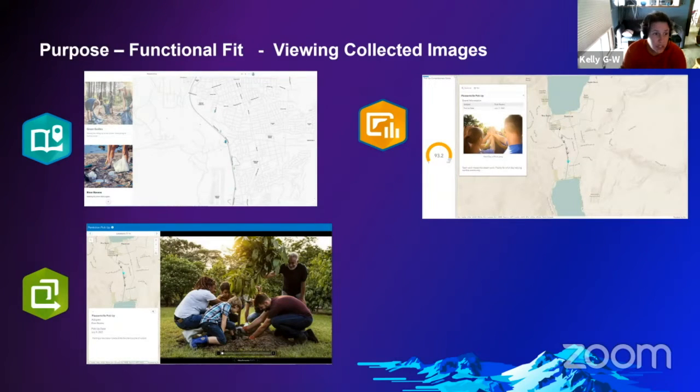They've got similar functionality, but the user experience is a little bit different, and I wanted to highlight this. As you can see, we've got StoryMaps, Dashboards, and Instant Apps. Okay, and what we're going to see next is what this looks like in action.